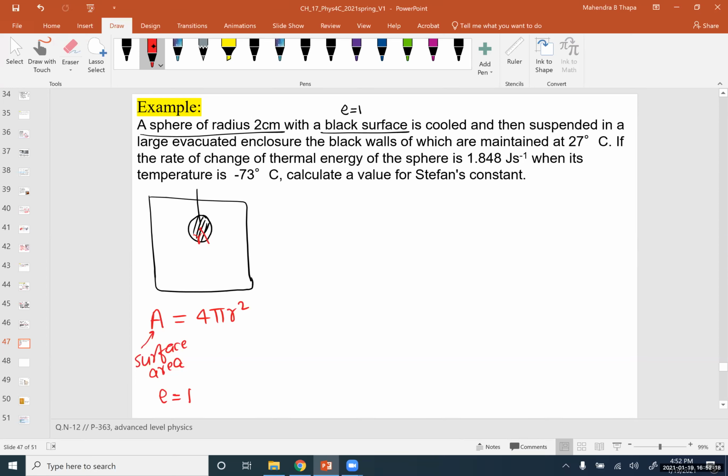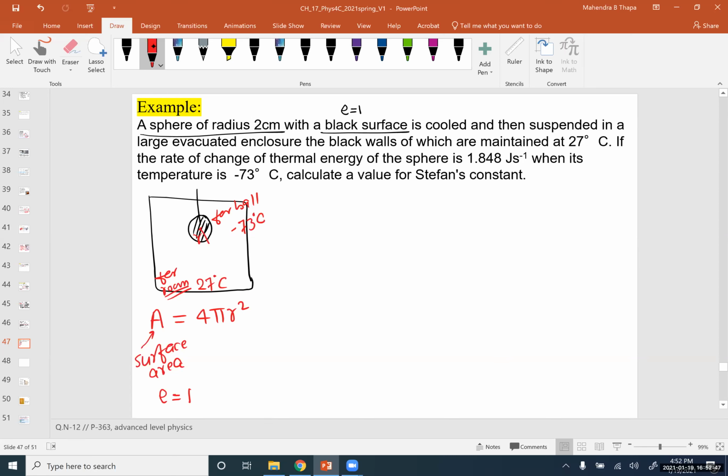The sphere is cooled and then suspended in a large evacuated enclosure which is maintained at 27 degrees Celsius. See the difference here: the room temperature is 27, while the ball is at low temperature, minus 73 degrees Celsius.